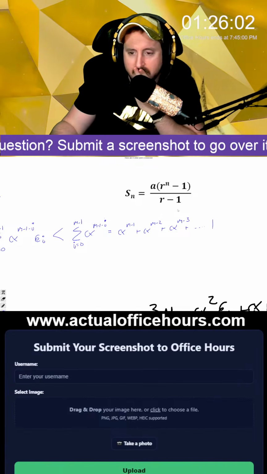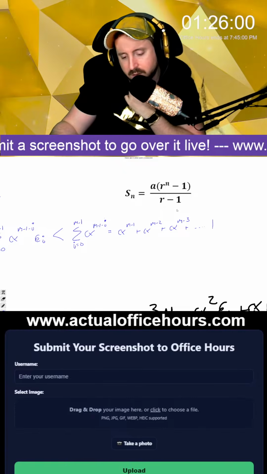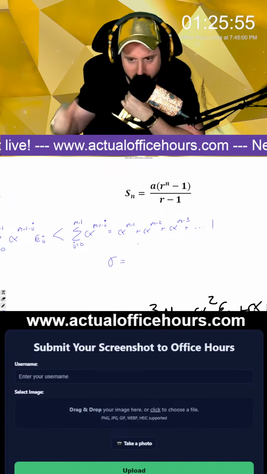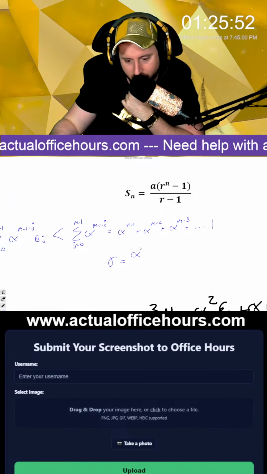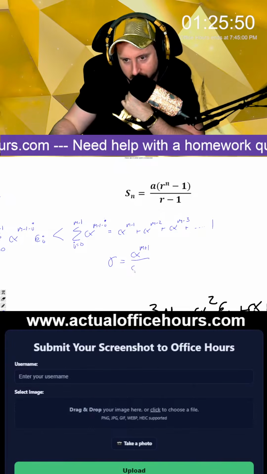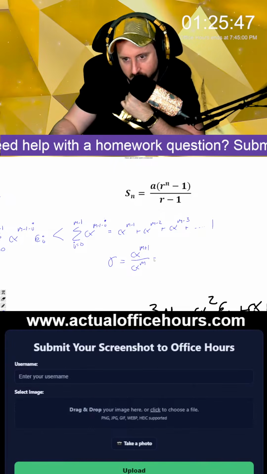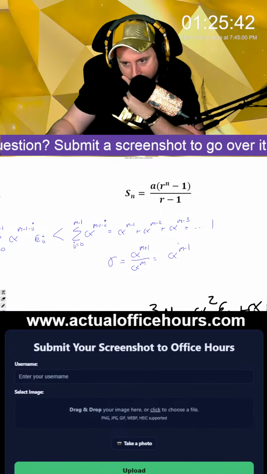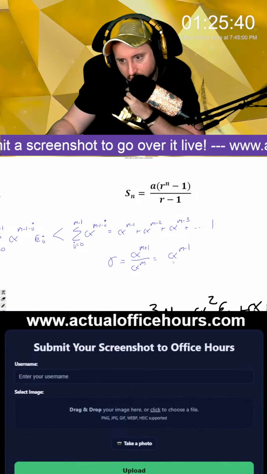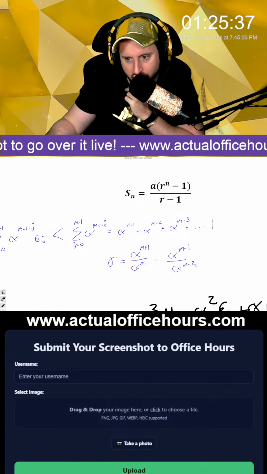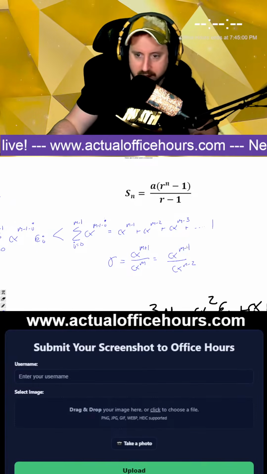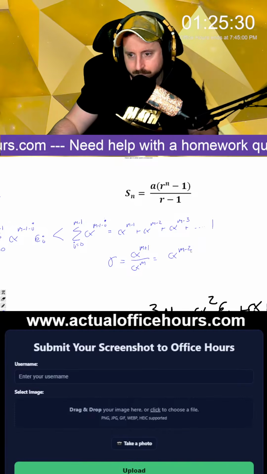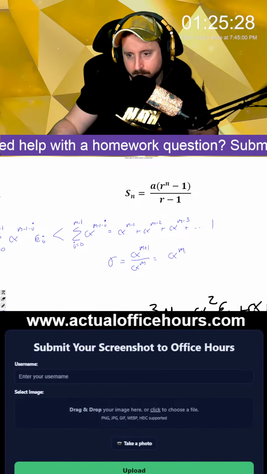The ratio is the next term over the first one, so it's alpha to the m over alpha to the m minus 1.